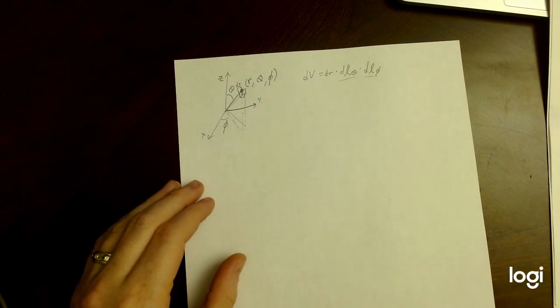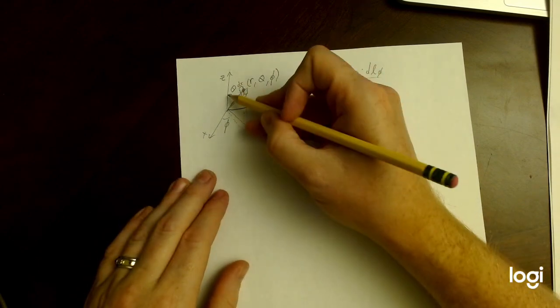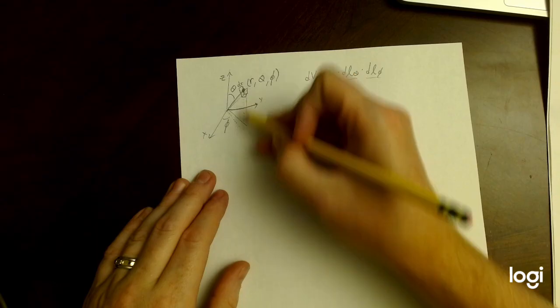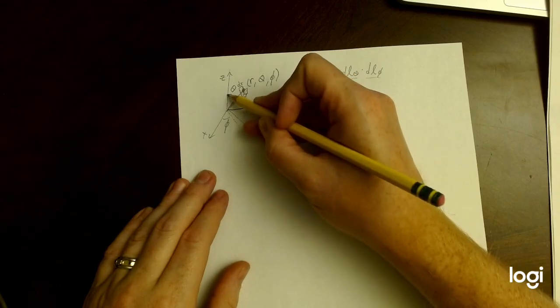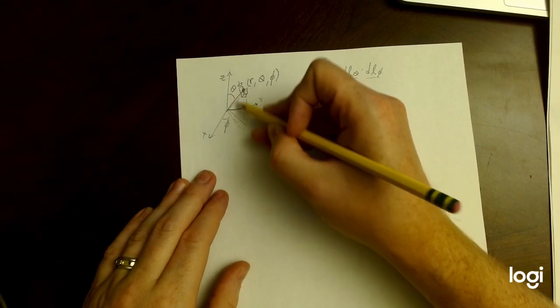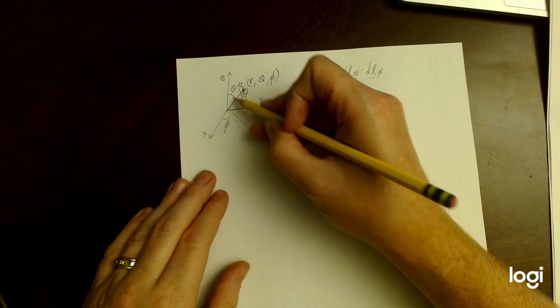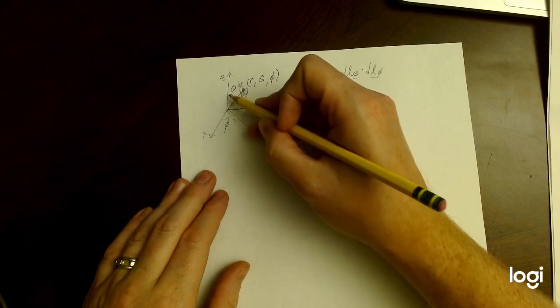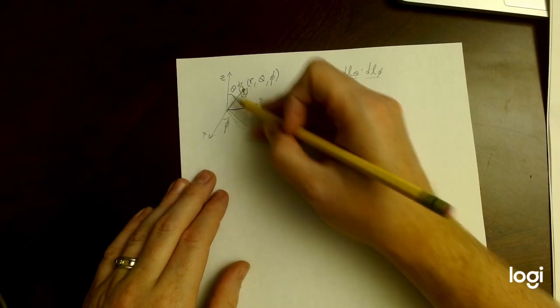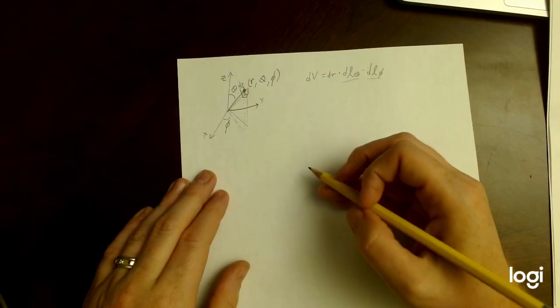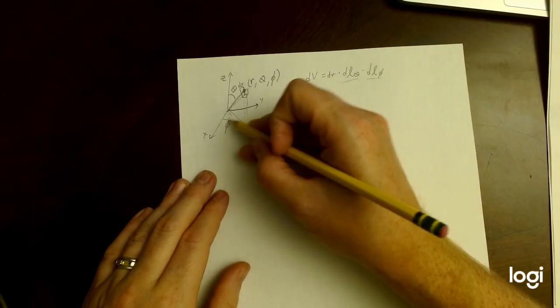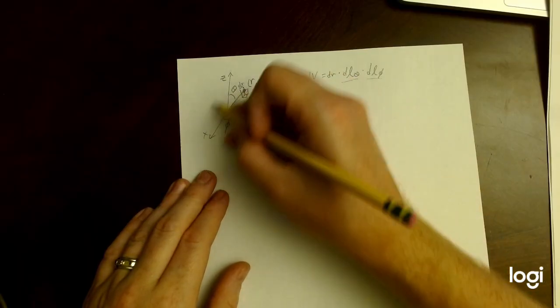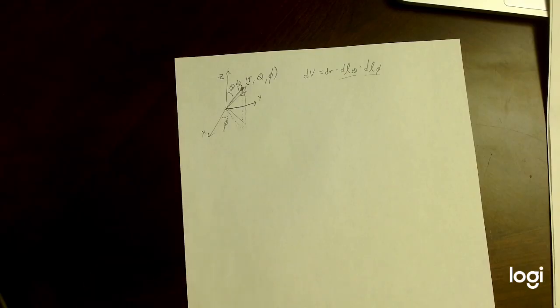So since theta varies from, in this case, 0 to pi over 2, so theta is just defined in that 180 degree or pi radian half circle, and phi goes all the way around in 2 pi.